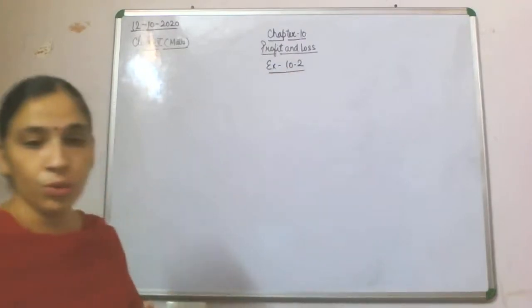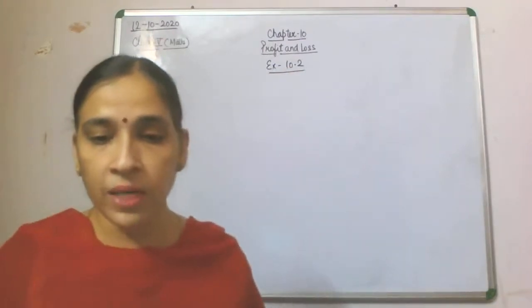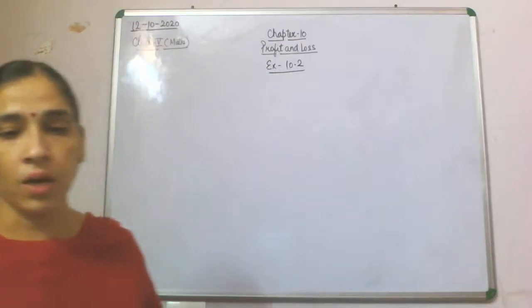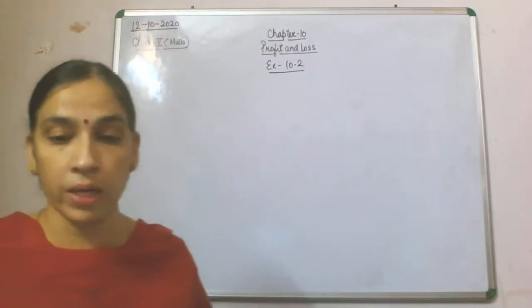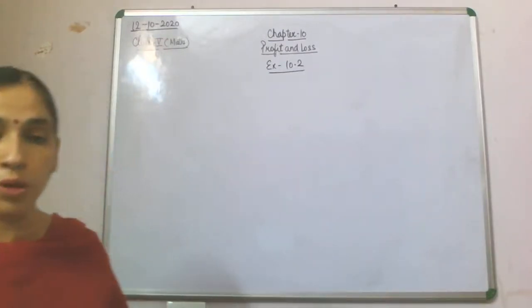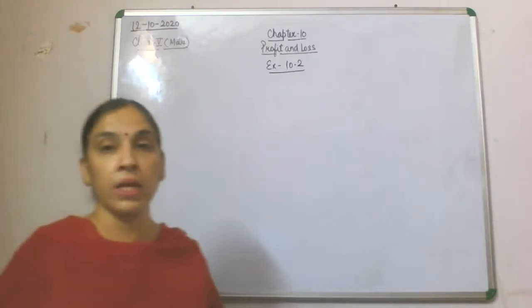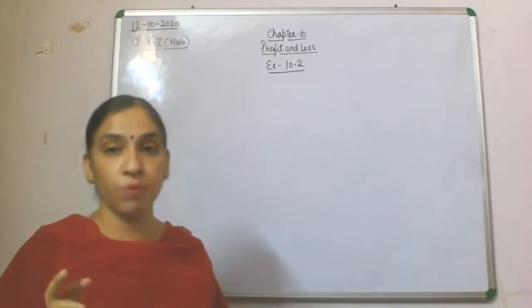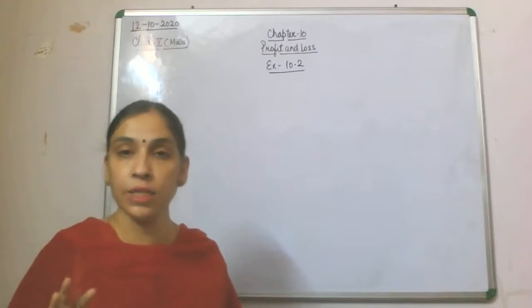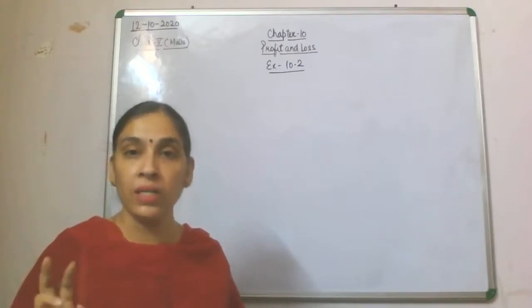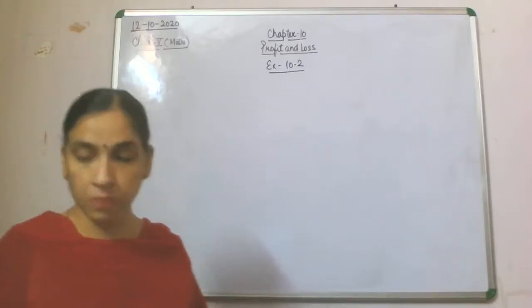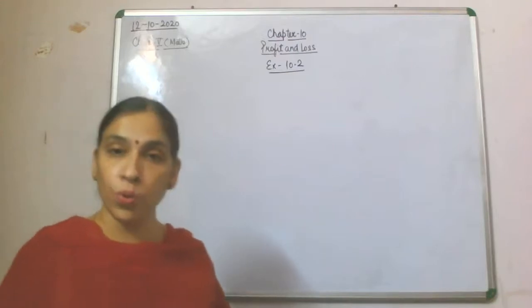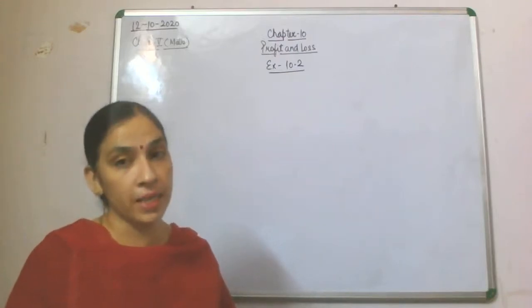Exercise 10.2, question 1. Find the profit percent or loss percent when. Now here 4 parts of question 1 are there, and all these 4 parts are related to finding profit percent and loss percent, but here only cost price and selling price is given.